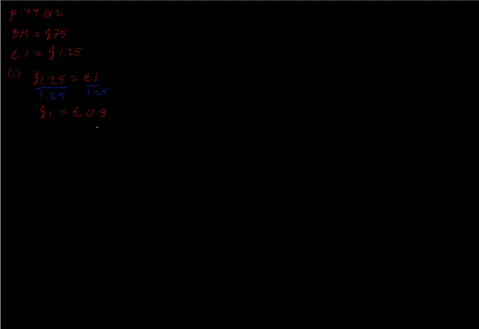Now what we want to know is what is $75 in euro. So we found out what $1 is. Now we want to find out what $75 is. So if we know one of something, we would multiply by 75 in order to find out what 75 of it was. So we're going to multiply both sides of our equation by 75.